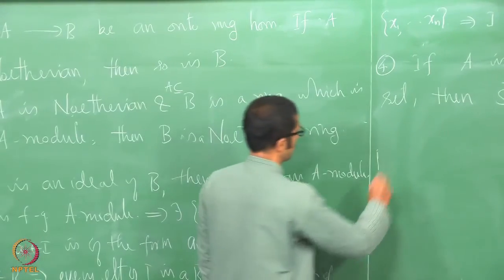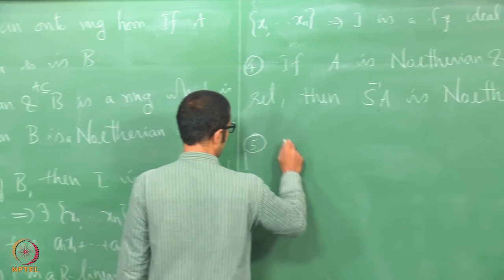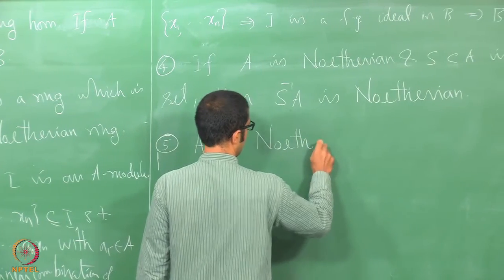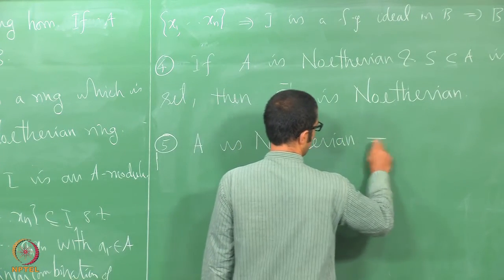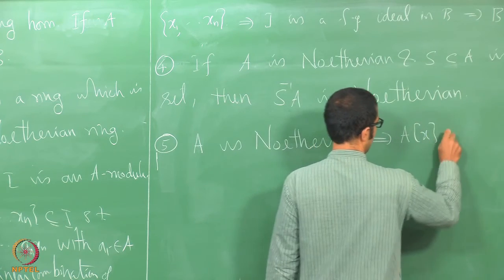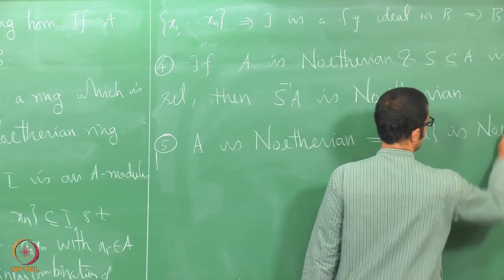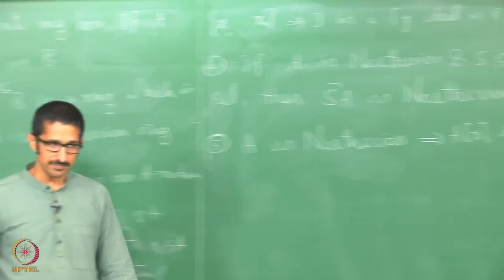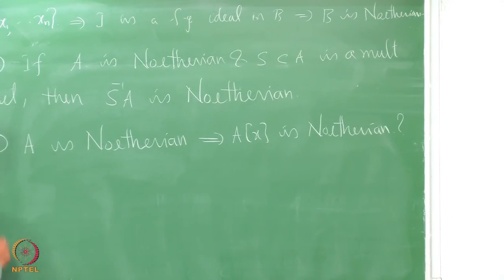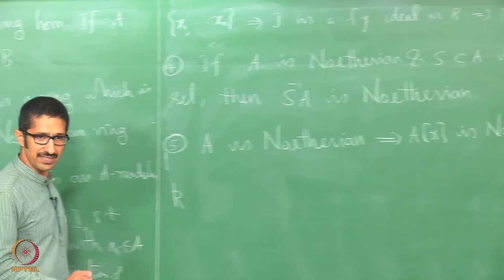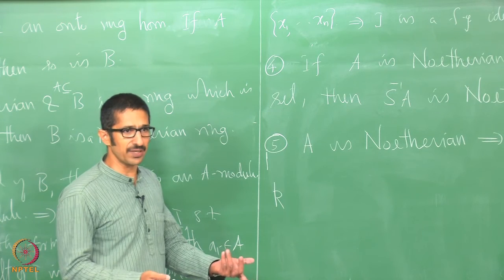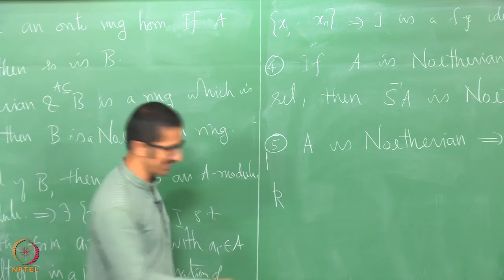So now comes the question: if A is Noetherian, what about A[x]? K is Noetherian, any field is Noetherian, it has only two ideals, so every ideal is finitely generated.